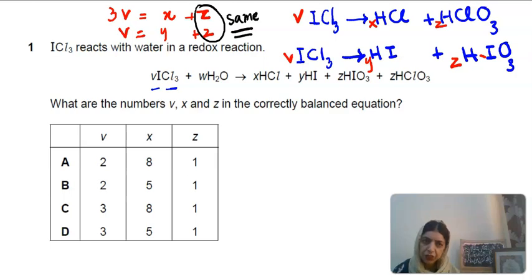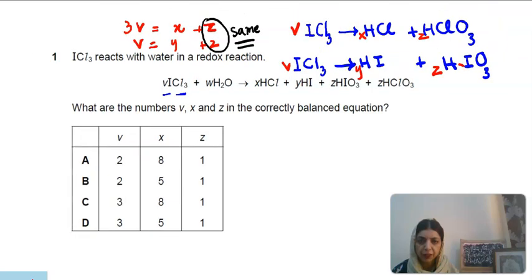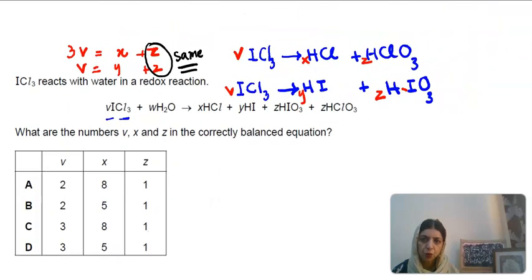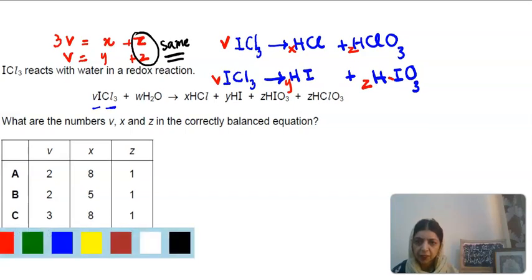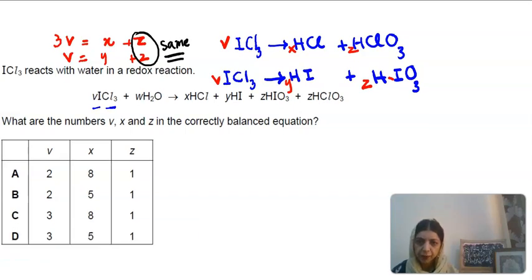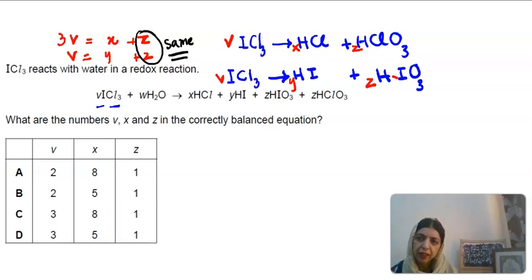Now the first part of the equation you balance in a similar way to the oxidation reduction method. So let's balance it together. This is chlorine, and chlorine here is -1, and this -1 is turning here into -1, so there is no change here.